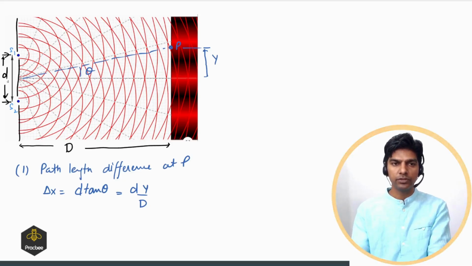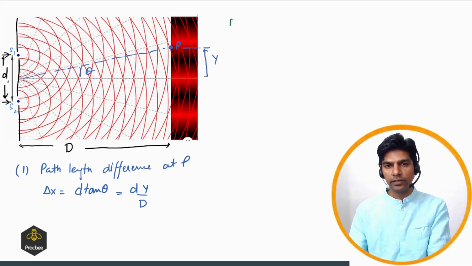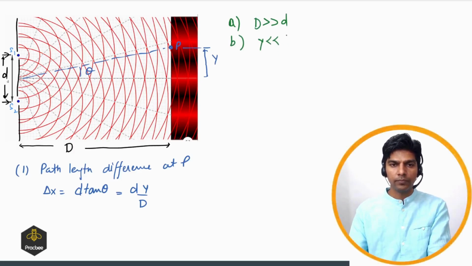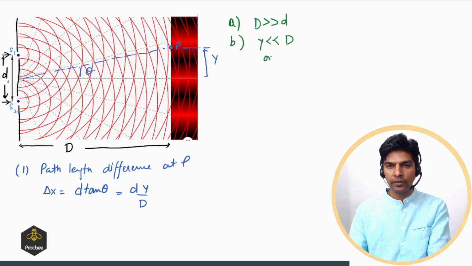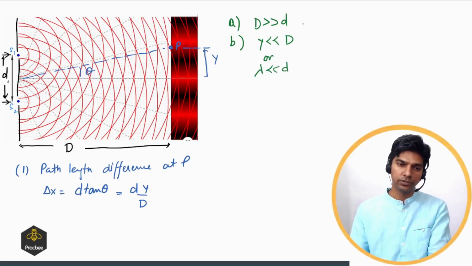And what are the two assumptions? So first assumption is when capital D is very large in comparison to small d, and the second assumption is that y is very small in comparison to capital D, or we can say lambda is very small in comparison to small d. Right? These are the two assumptions.